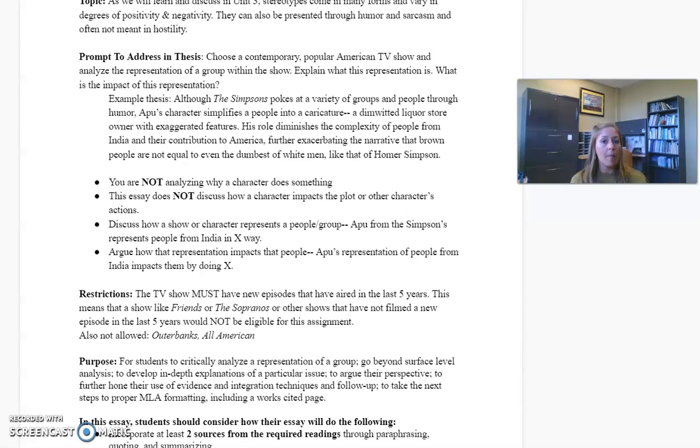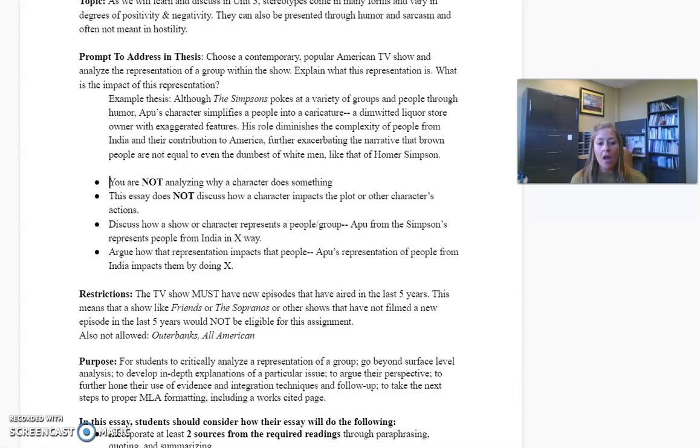Okay, so remember though, this can be positive. It doesn't have to be negative. Just the example here is negative. Okay, so again, we are analyzing how a group is represented in a popular American TV show. All right, and then we're going to discuss and argue what the impact of that representation is on that people.